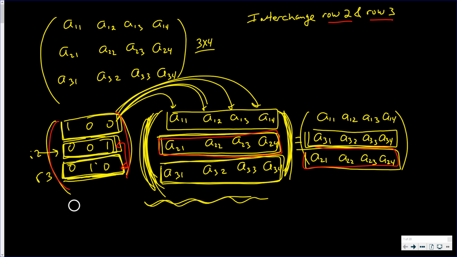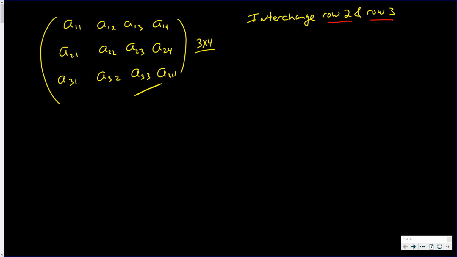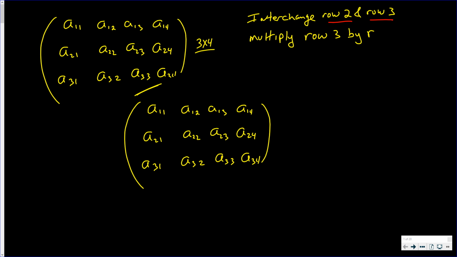Let us look at the next elementary row operation. We want to multiply row 3 by r. So basically, we want to take this matrix, multiply it by something on the left, and only row 3 is being changed. So I want to get back row 1. I want to get back row 2.